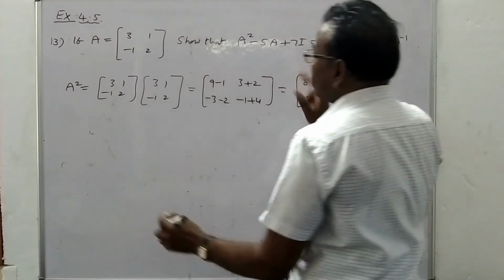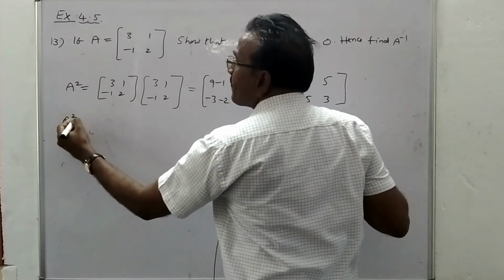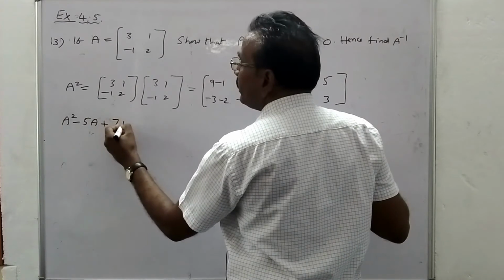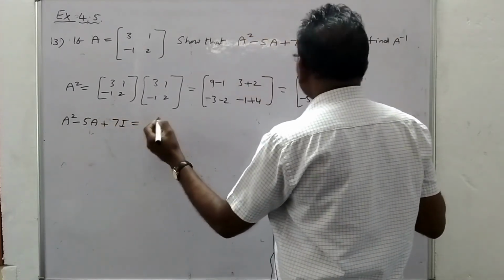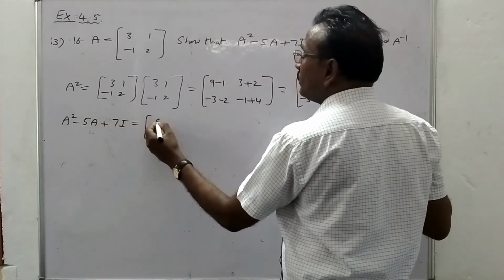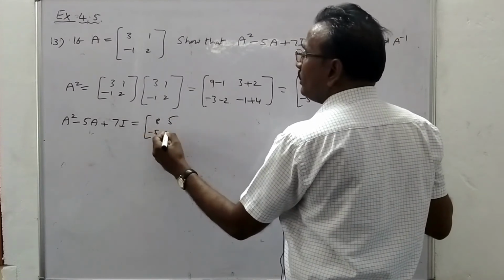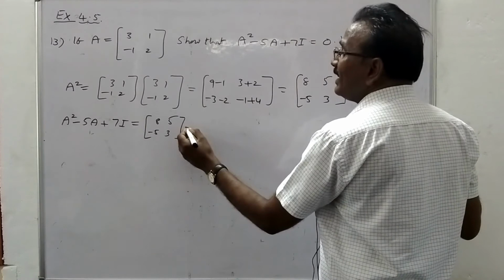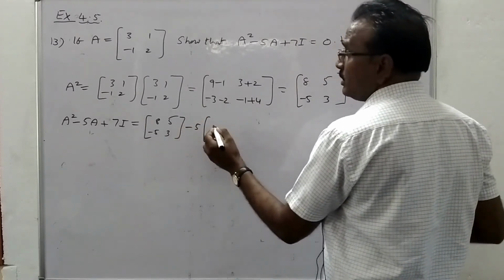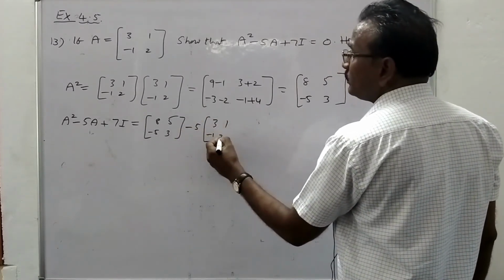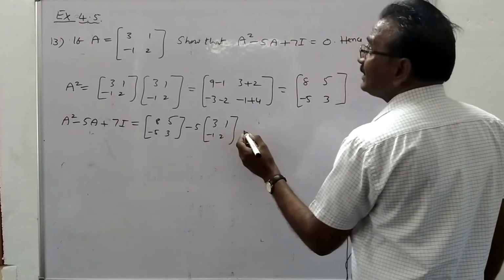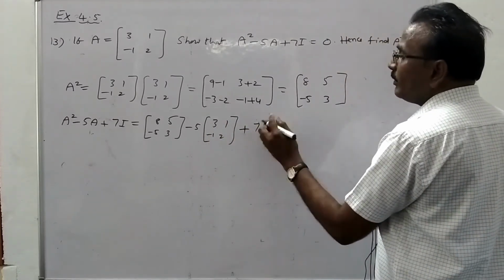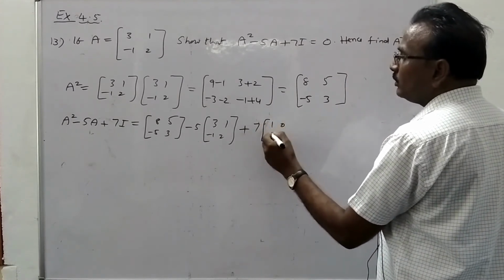Now consider LHS, A square minus 5A plus 7I. A square is 8 5, minus 5 3, minus 5 into matrix A, which is 3 1, minus 1 2, plus 7 into I, the identity matrix of order 2, 1 0 0 1.